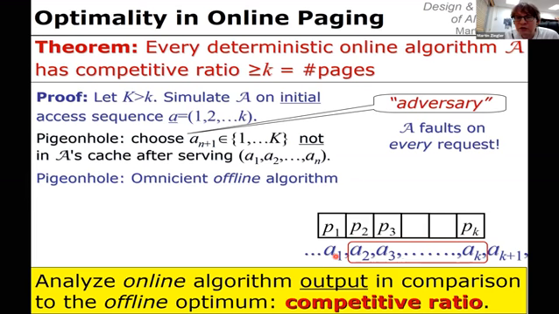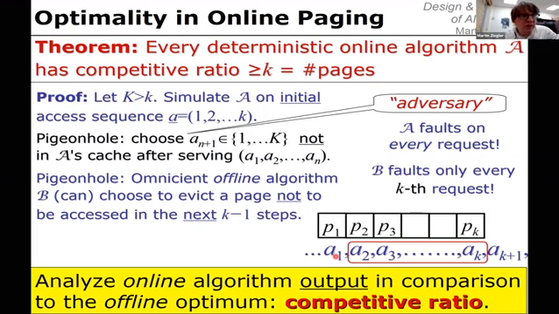So the online algorithm, by the construction of our sequence, suffers a page fault on every single access, whereas a psychic offline algorithm can make sure to suffer a page fault at most on every kth access, so that the ratio, the factor between both, on every access and on every kth access, is exactly a factor of k, and no deterministic online algorithm can beat that by construction of our sequence.